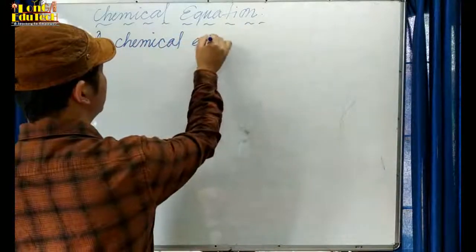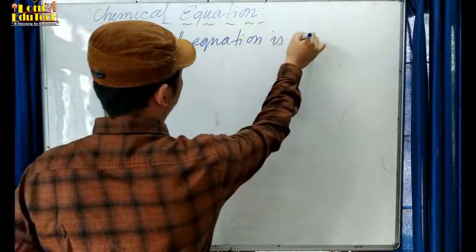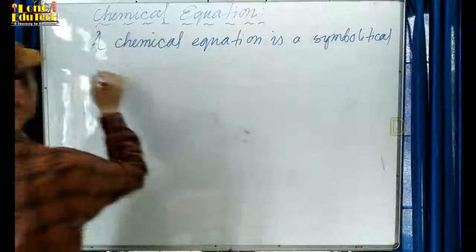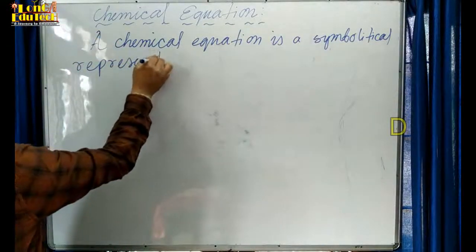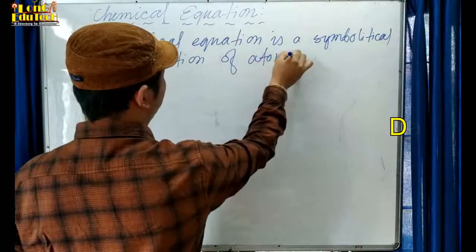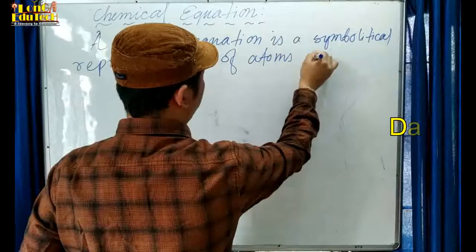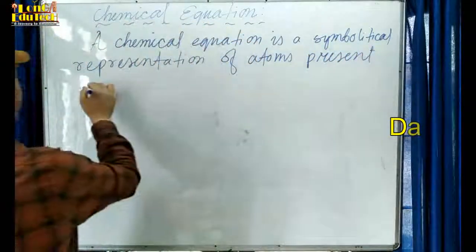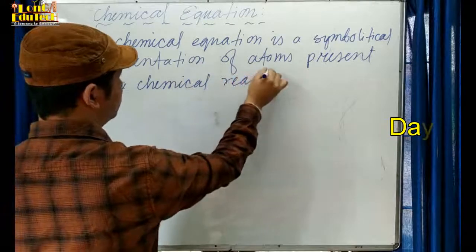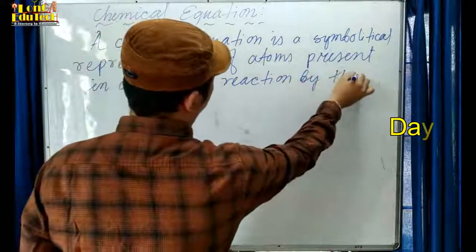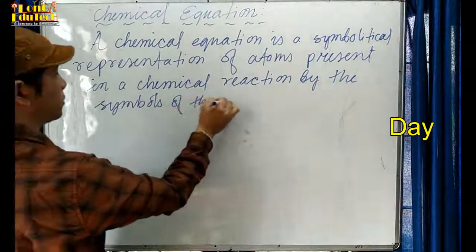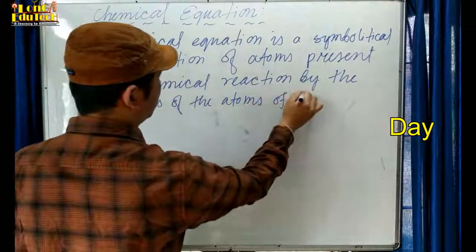A chemical equation is a symbolical representation of atoms present in a chemical reaction by the symbols of the atoms of the element.